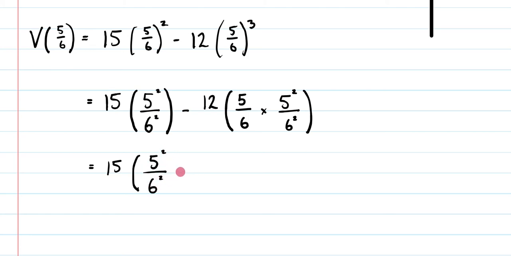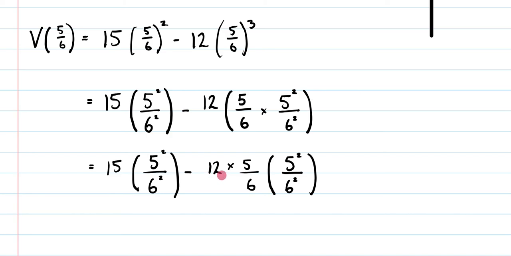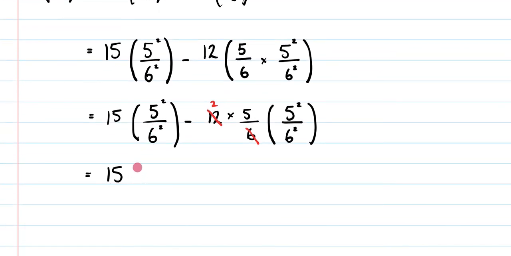All right, now what I'm going to do is pop this 5 over 6 out. So I'm going to get 12 times 5 over 6. Because I'm dealing with multiplication, and multiplication is commutative, I can do this. So once I do this, this will go away, and this will become 2. So what I'm going to be left with is 15, and let me actually now do this.